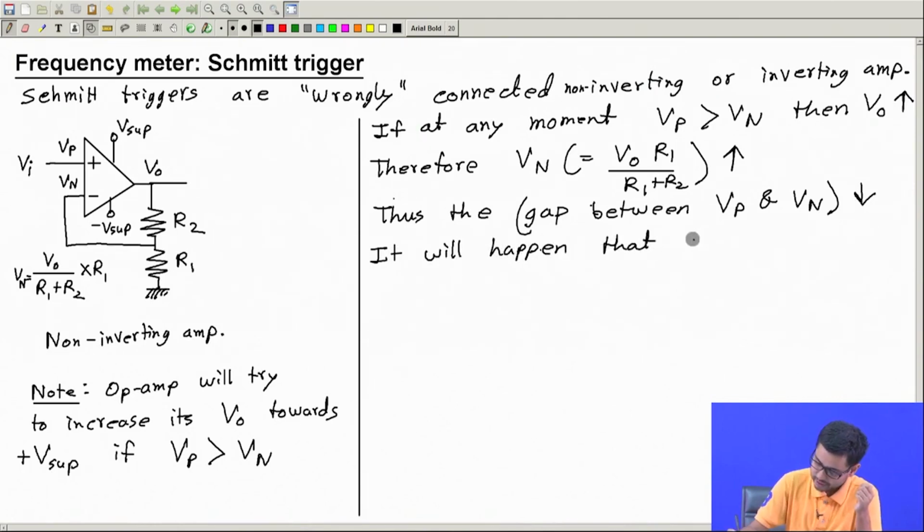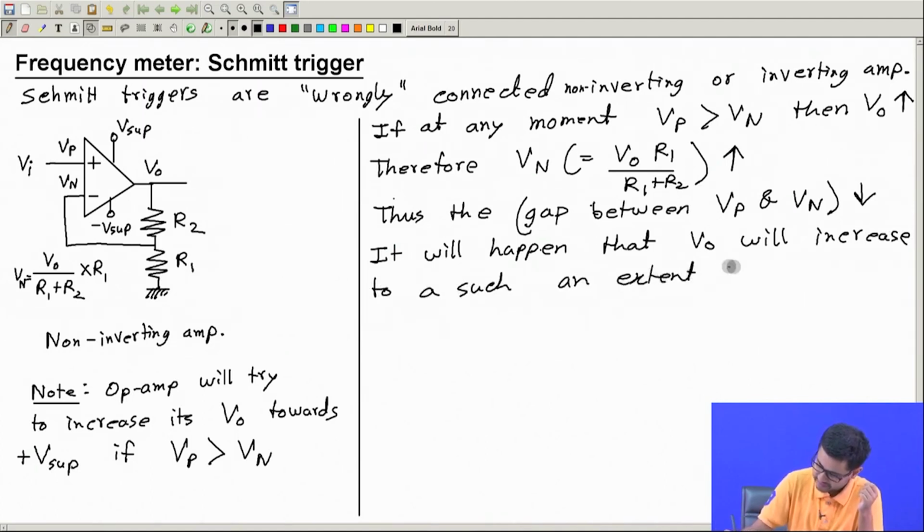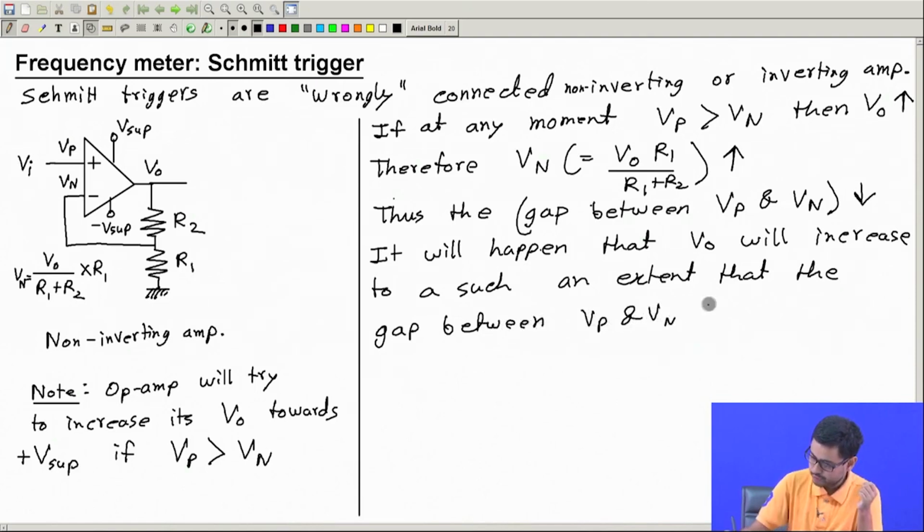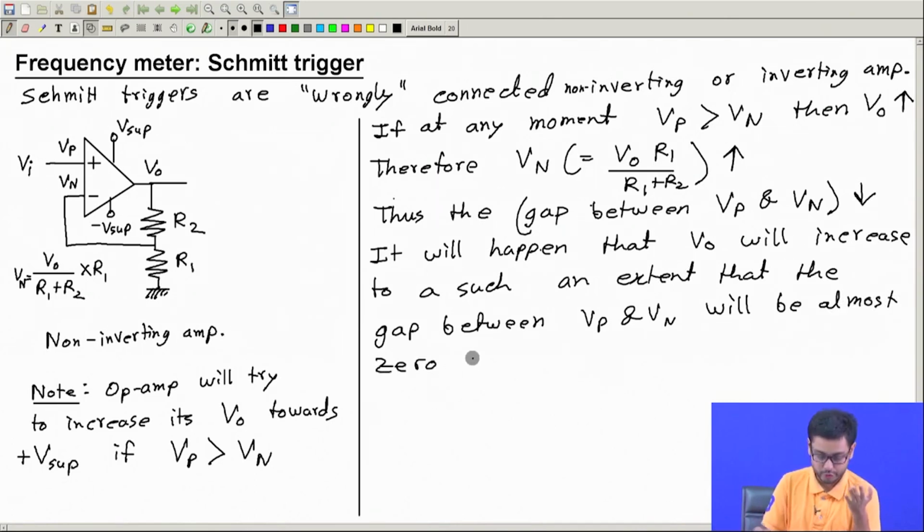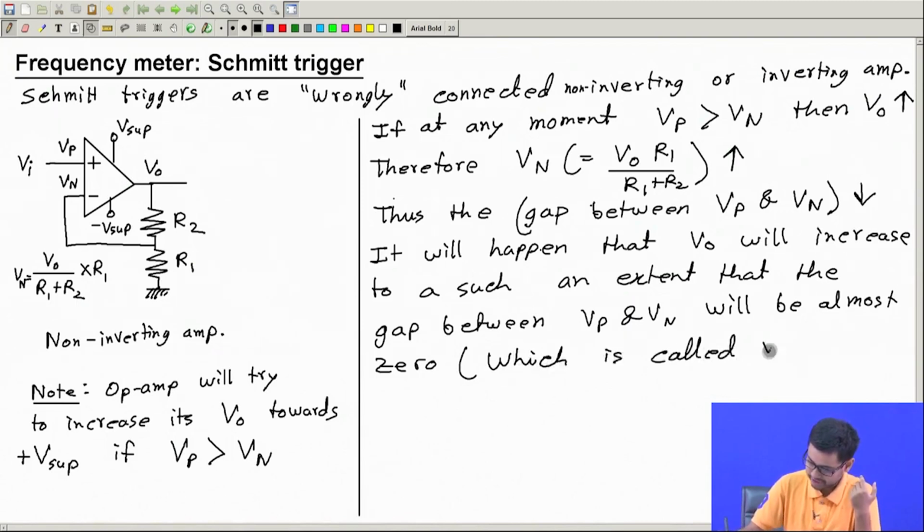In fact, this is what is called virtual shorting between Vp and Vn. Okay, so this which we called before, which is called virtual shorting.